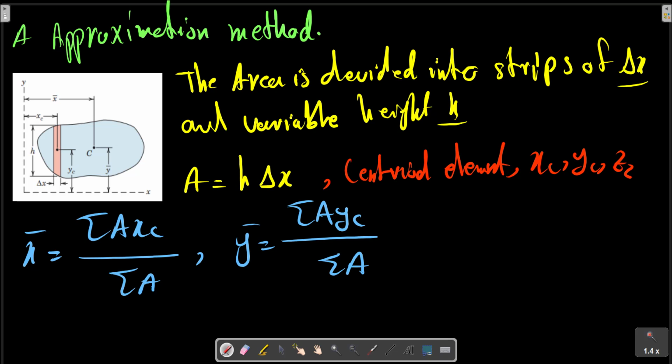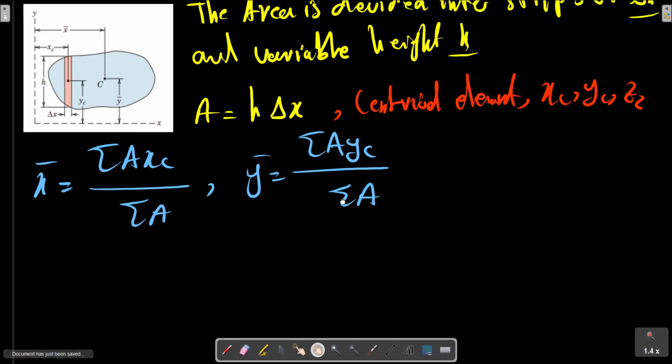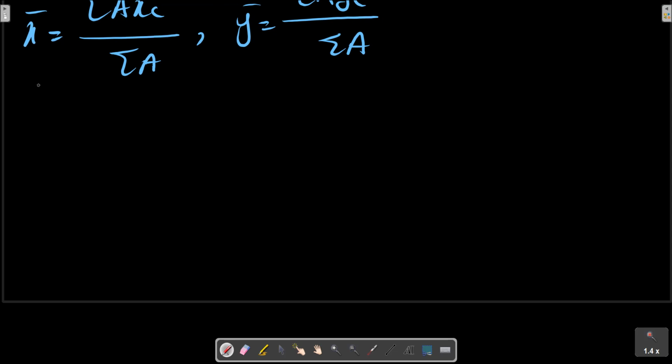For the irregular volume, we also have some approach.